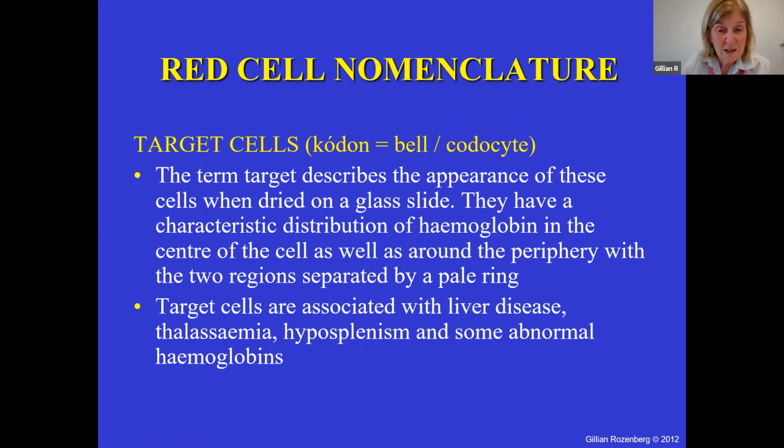The term target describes the appearance of these cells when dried on a glass slide. They have a characteristic distribution of hemoglobin in the center of the cell, as well as around the periphery, with the two regions being separated by a pale ring. Target cells are associated with liver disease, with thalassemia, hyposplenism, and some abnormal hemoglobins.